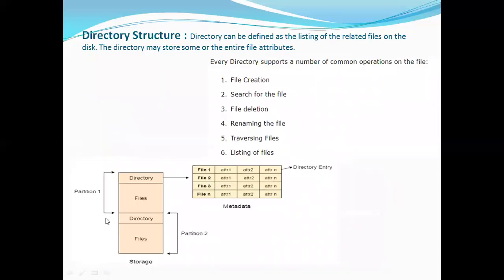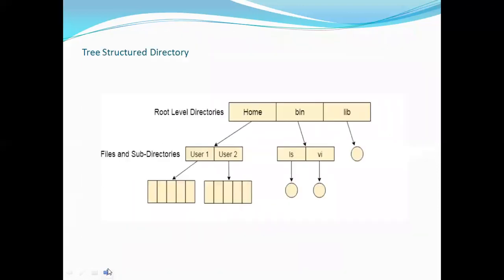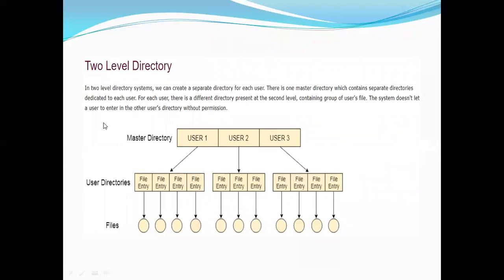Okay, so up to this point, everything is related to the file system. After that, we will see directories and directory structures. In the next lesson, we will see directories and the operations related to directories.